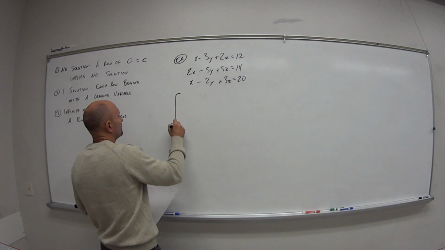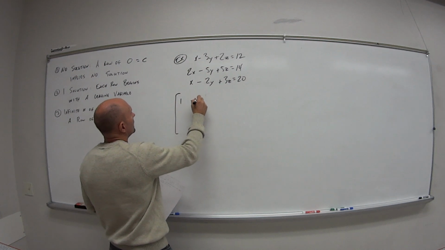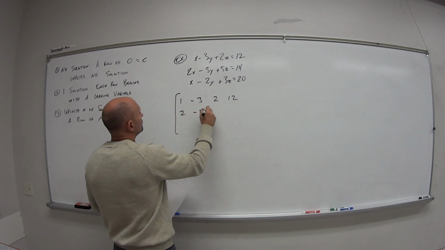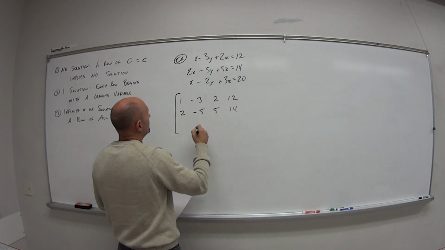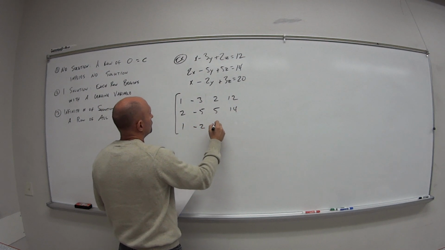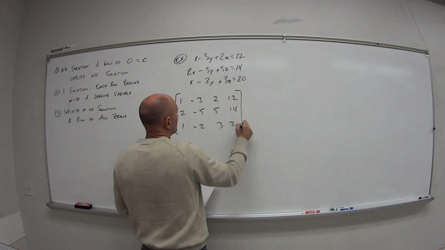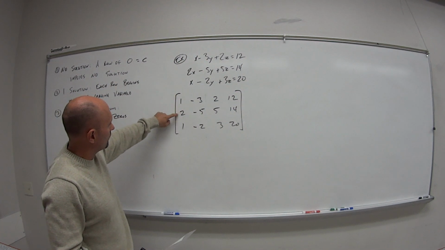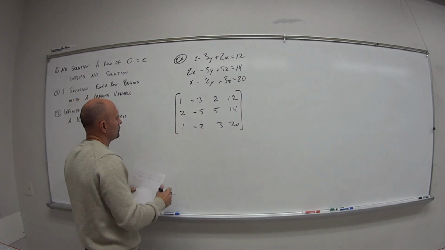So if I set up this matrix, I get 1, -3, 2, 12, 2, -5, 5, 14, 1, -2, 3, 20. So I have a 1 in this position. That's good, I'll leave it. So let's get zeros in these positions here.